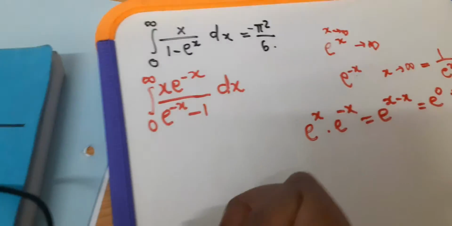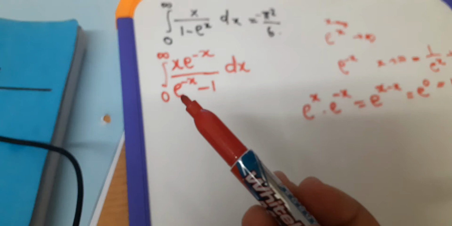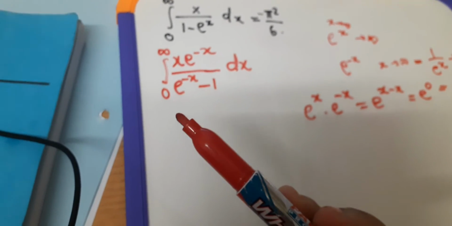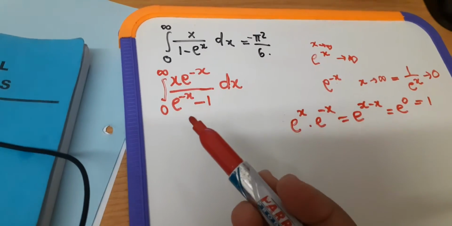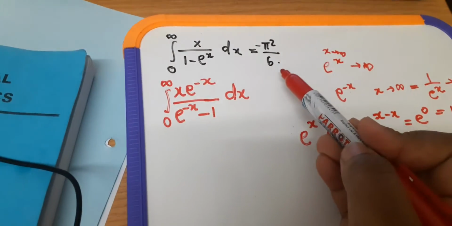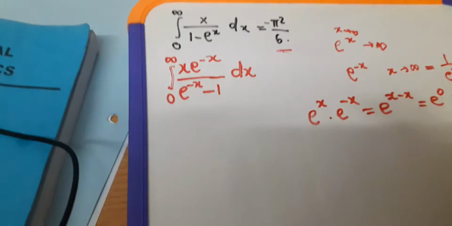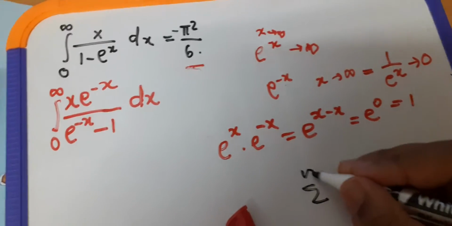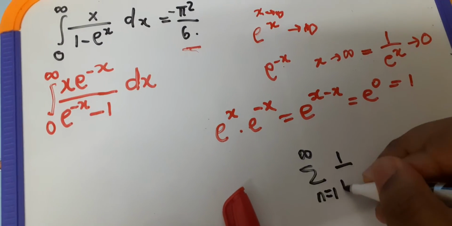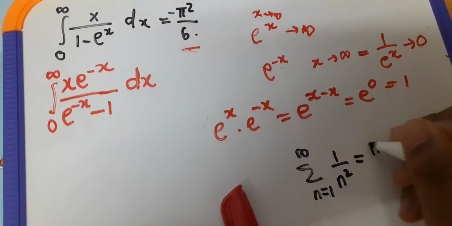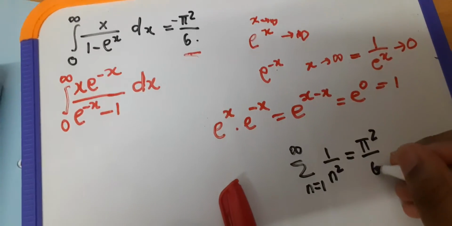So when you have this, you also have to think, okay, what is this then? Before going anywhere, we have to think about this right here. So we know from Euler that the sum to infinity of n equals 1 of 1 over n squared equals pi squared over 6.